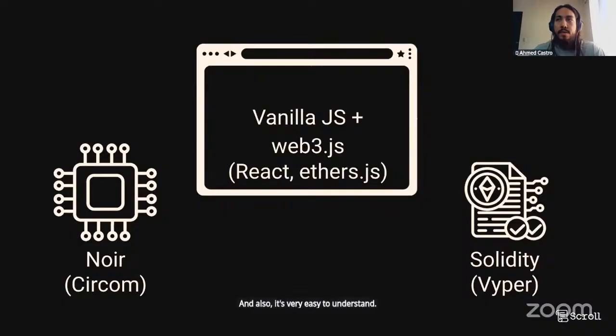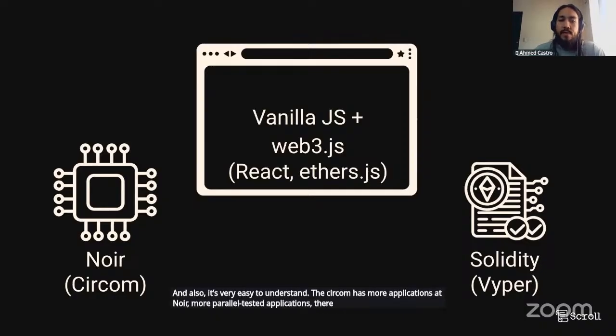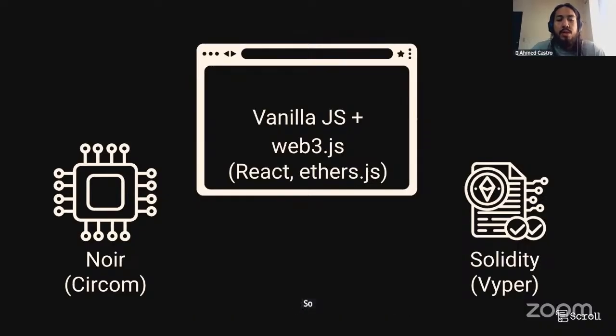Circom has more applications than Noir, more battle tested applications. There's a lot of TVL, a lot of users using circuits done in Circom that haven't been hacked. So that's very good, that's very secure. But Circom is very hard to understand at the beginning, just at the beginning. So my recommendation is that you get started with Noir.